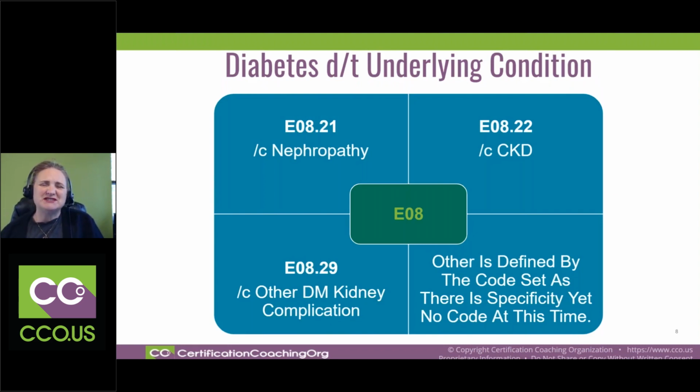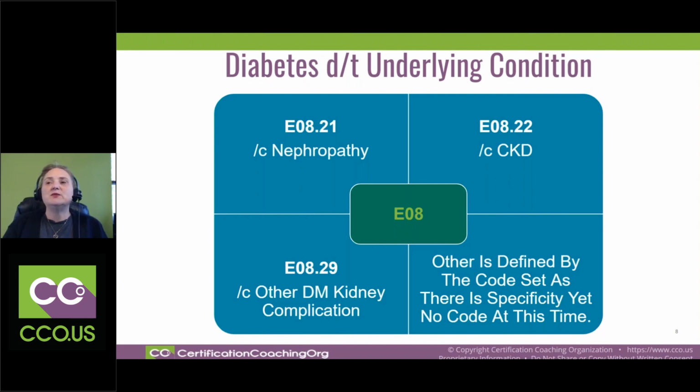Now, a better understanding of some of these others that we don't talk about as much would be diabetes due to underlying conditions. That's that E08. If a patient has neuropathy, that would be .21. And if a patient has, excuse me, not neuropathy, nephropathy, that is something that you've got to pay attention to. Don't make this mistake I just did, nephropathy versus neuropathy.